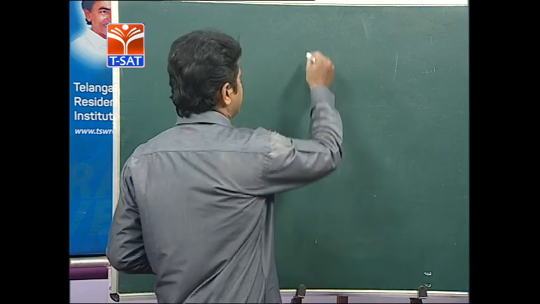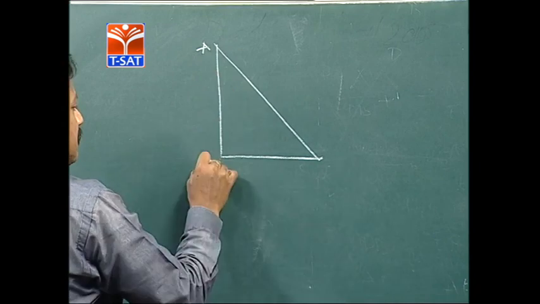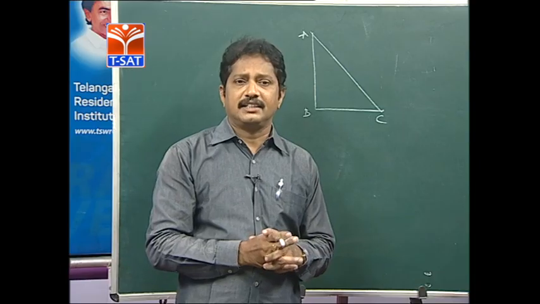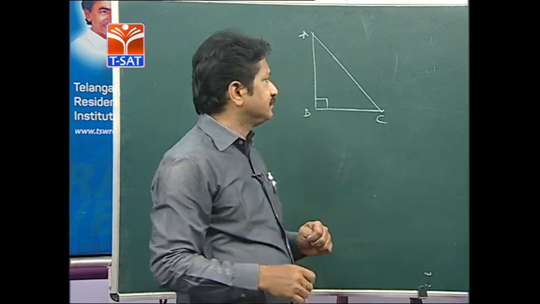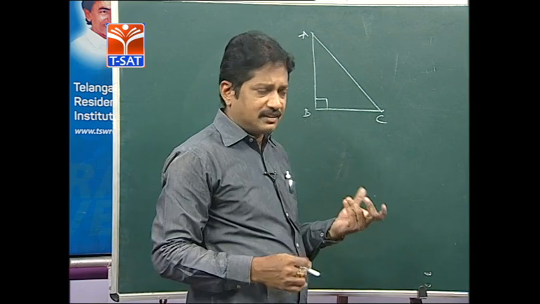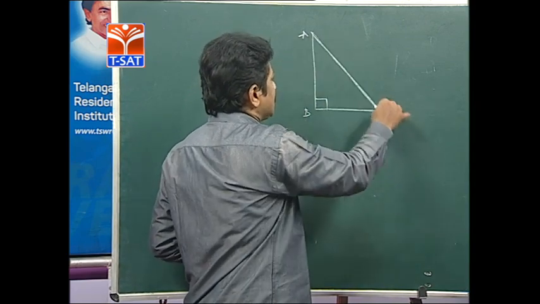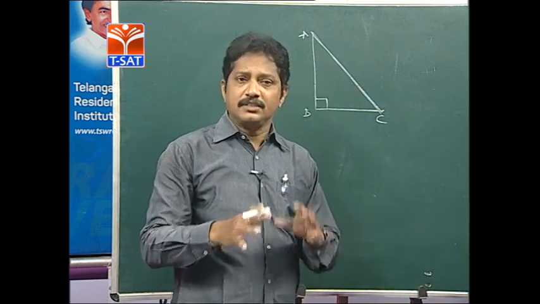You know that this is the most important theorem, the Pythagoras theorem. If ABC is a triangle and B is a right angle, the square of the hypotenuse is equal to the sum of squares of the remaining two sides.